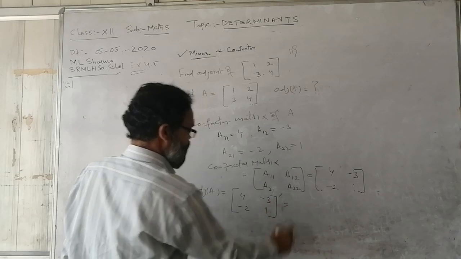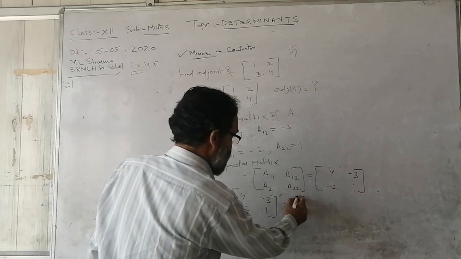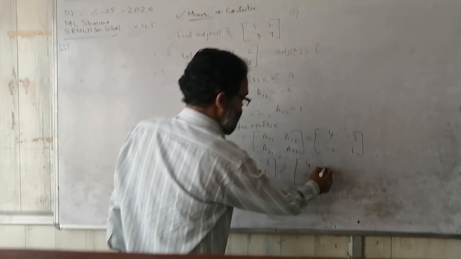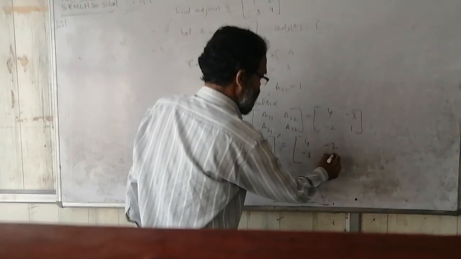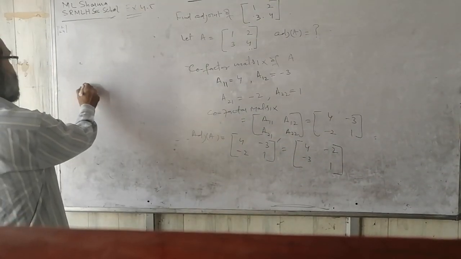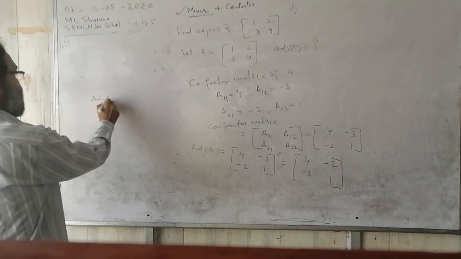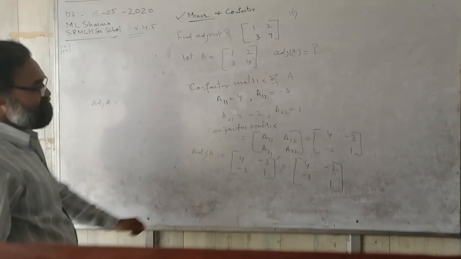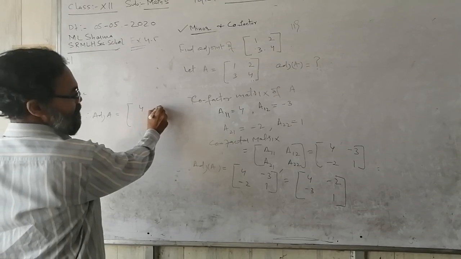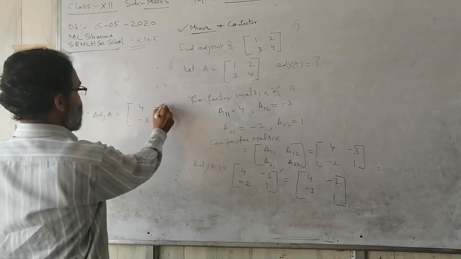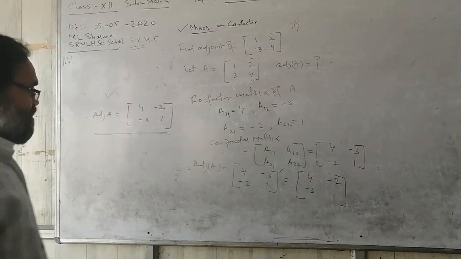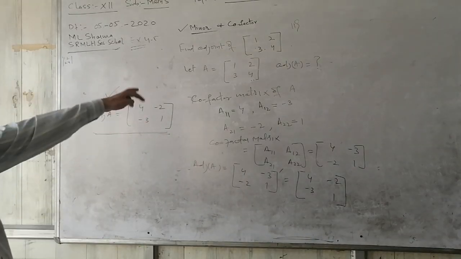Its transpose will be 4, minus 2, minus 3, 1. So the adjoint of A is 4, minus 2, minus 3, 1, and in this way we can find the adjoint of a matrix.